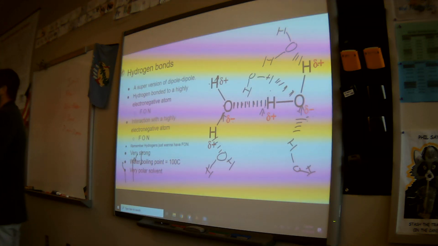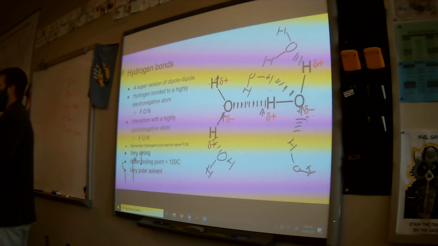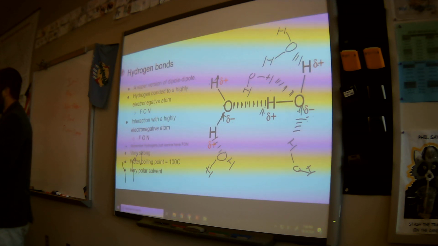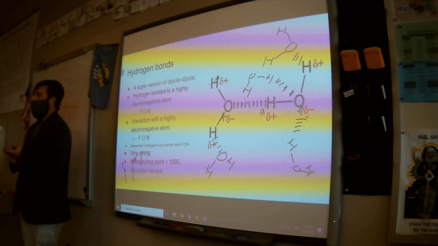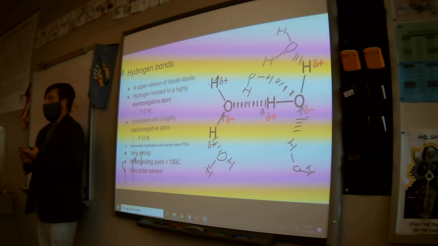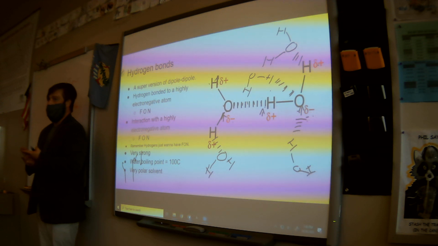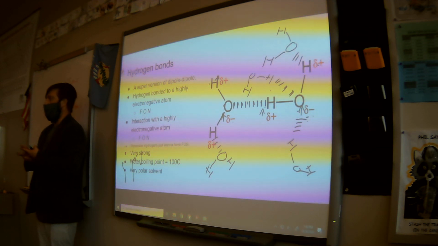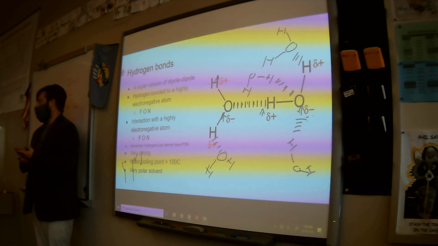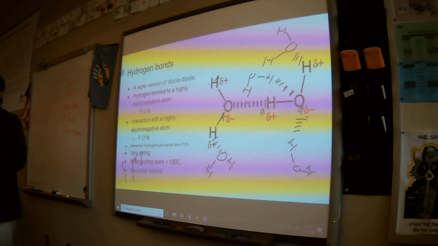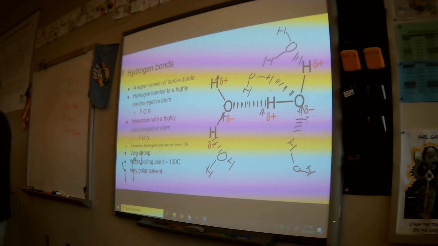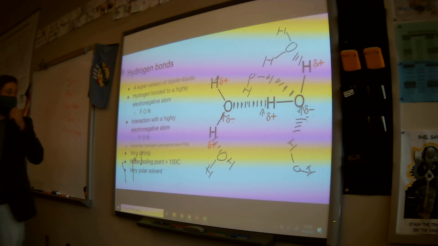So not only are these really strong interactions, not only are these guys close together, you have your two things that you need to take care of, the distance and the charge difference, right? The other thing you need to worry about now is how many interactions you can fit on this thing. So we're adding one more thing onto the mix. So think about how many things we can get. It's not that bad. All right. So far, so good?